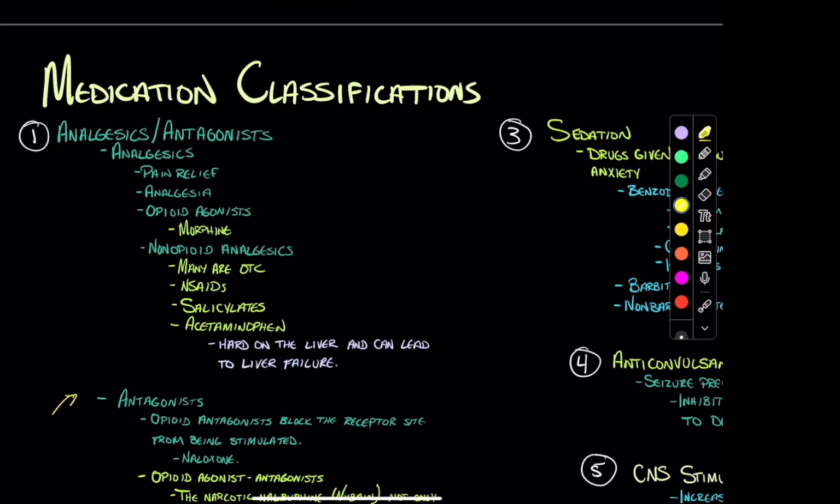Also with analgesics, you have your non-opiate analgesics. These are your over-the-counter medications like Tylenol, Advil, Motrin, Aleve. There are a few different classifications. You have NSAIDs, which are non-steroidal anti-inflammatory drugs. Salicylates, like your acetylsalicylic acids.